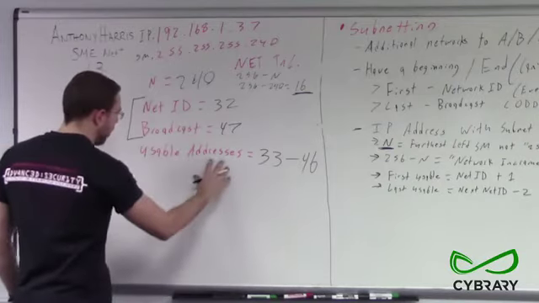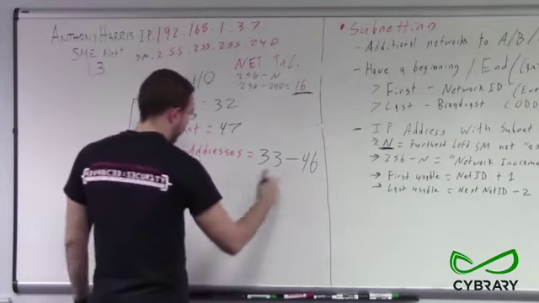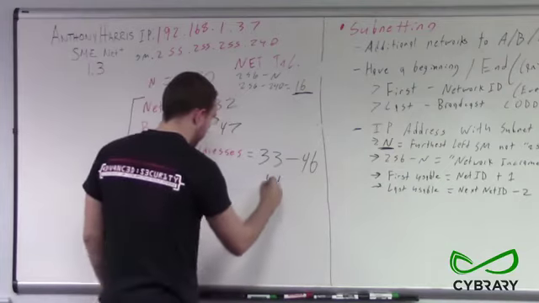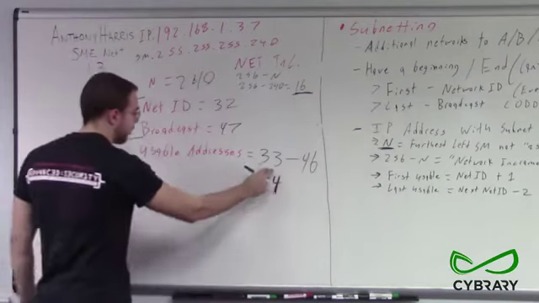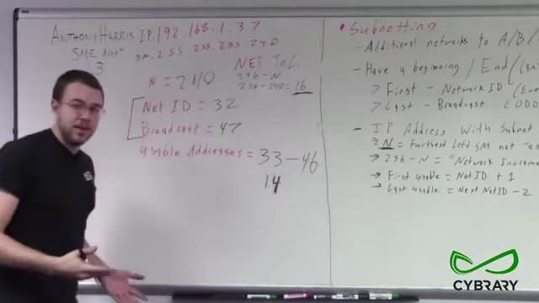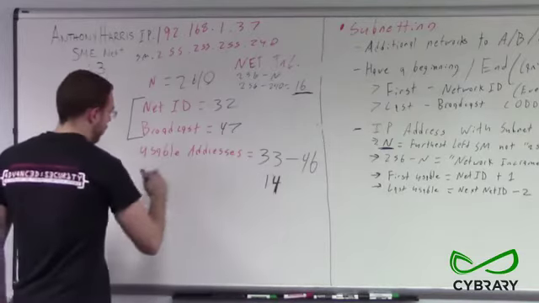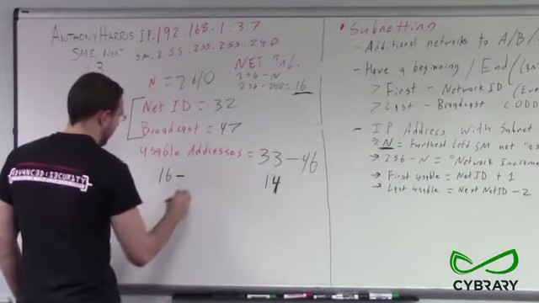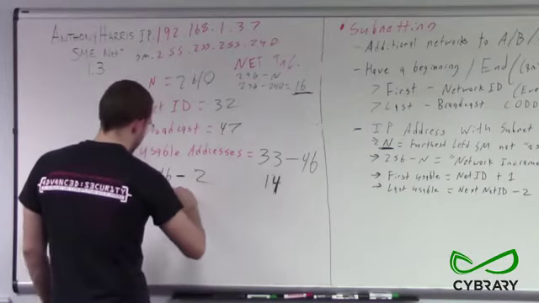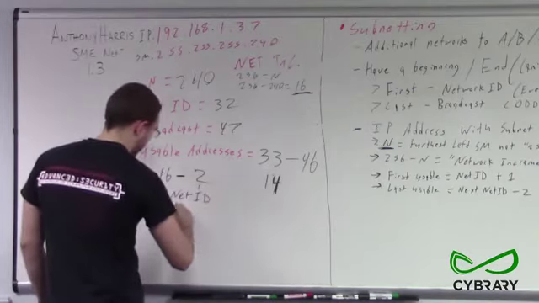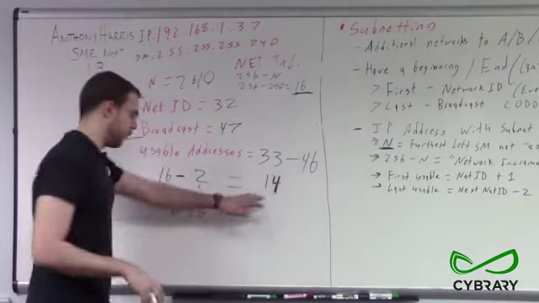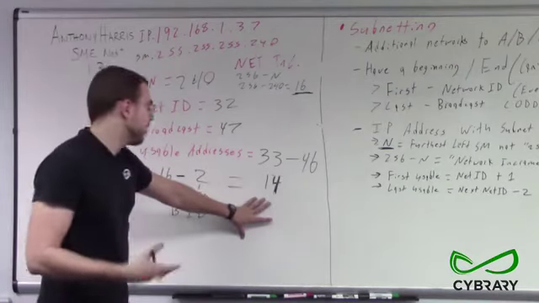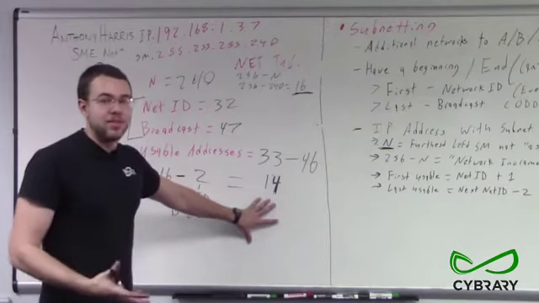So our usable host addresses, 33 through 46, 14 total addresses, counting 33 and counting 46. So we just take our network increment 16 minus 2 for the net ID and the broadcast ID equals 14 usable addresses in that subnet.